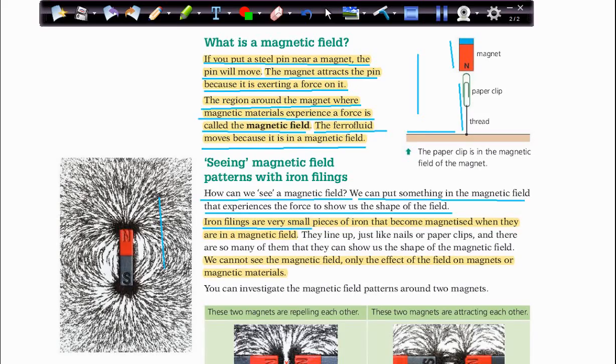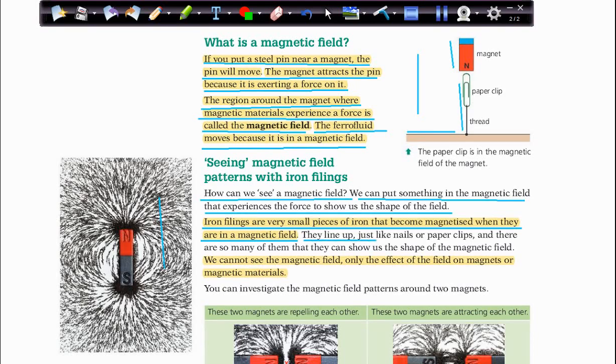Iron filings are very small pieces of iron that become magnetized when they are in a magnetic field, because we said earlier that iron is a magnetic material. So these small pieces can be magnetized if they are near or in a magnetic field.